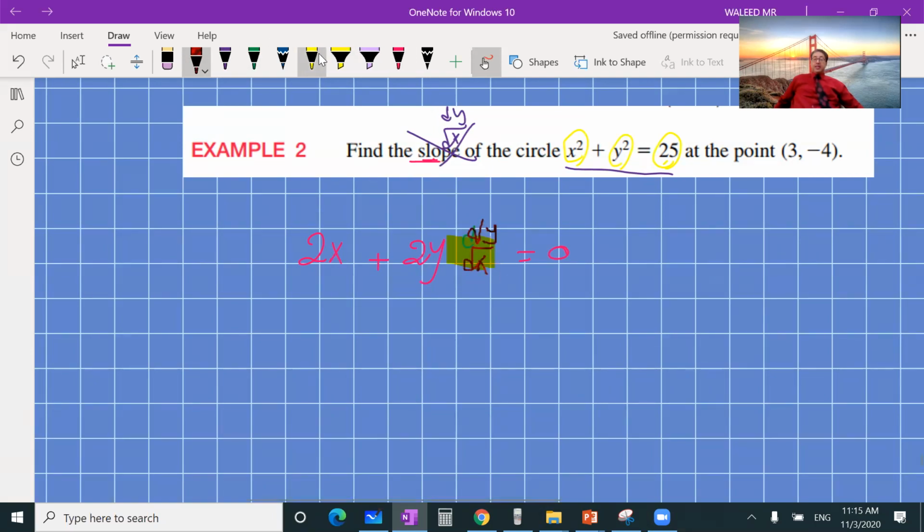Keep the term that contains dy over dx as it is. 2y times dy over dx equals 0 minus 2x, which is negative 2x.